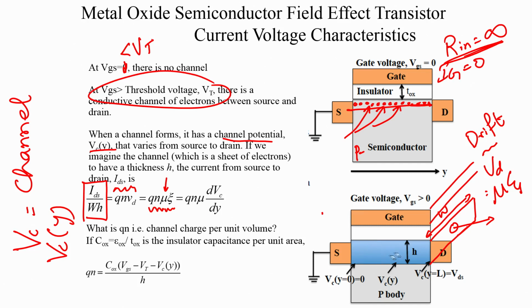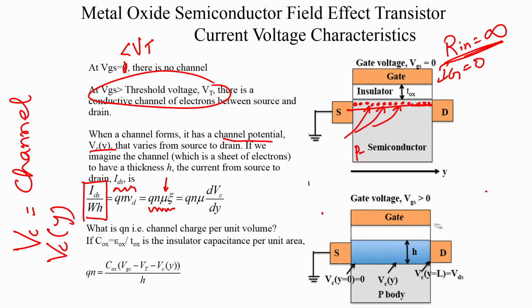And furthermore, what is the electric field? If I were to now take a little section, we already know what the channel potential is, right. So, let us take a small section here. That is our y direction, and let us say the section has a length dy, okay, and we say that the voltage drop across the section is basically dVc, that is a delta of the channel potential.